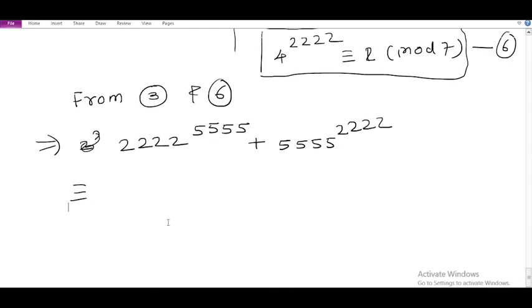It is 3 raised to 5555 plus this is equal to 4 raised to 2222.